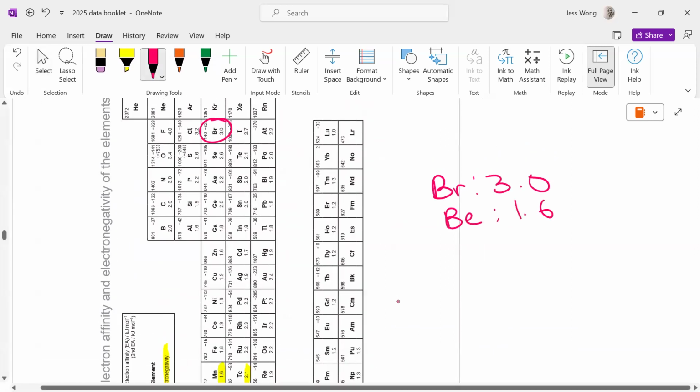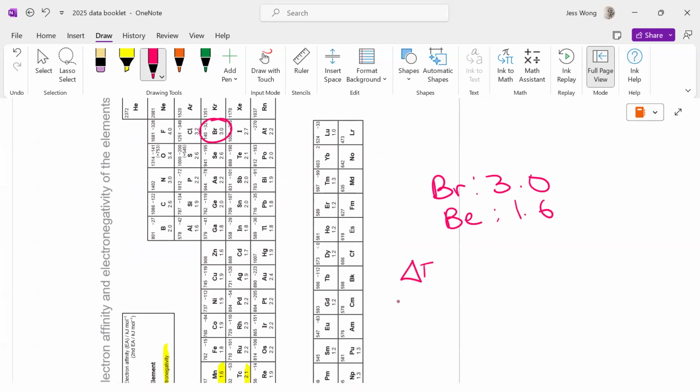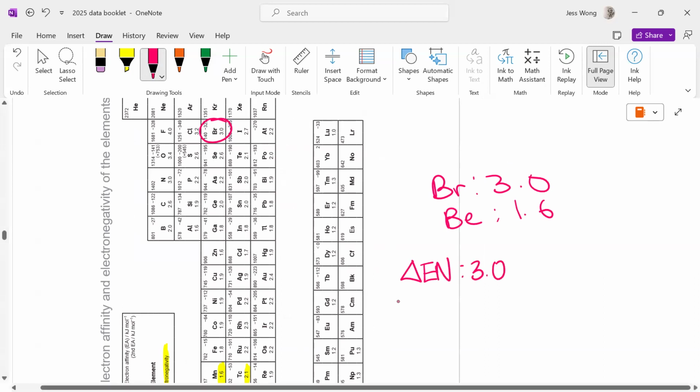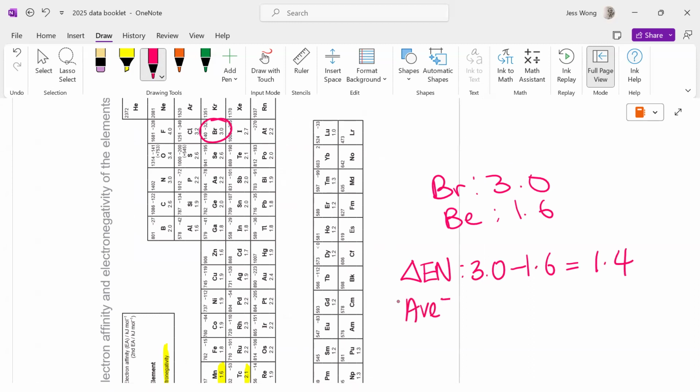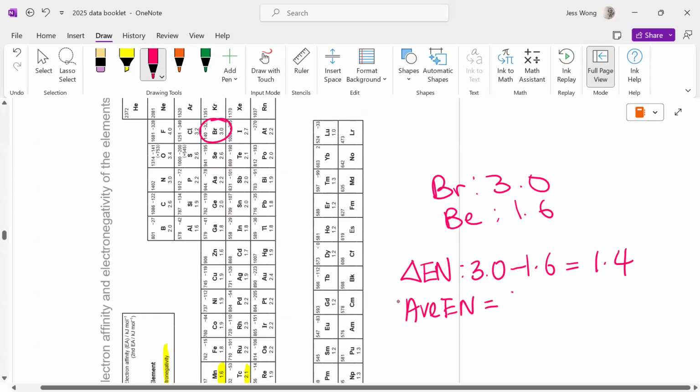We will do two calculations. First, we will find the difference, and in this case, it will be 3.0 minus 1.6, so I get 1.4. And then we also get the average. The average will be 3.0 plus 1.6 divided by 2, so it will be about 2.3.